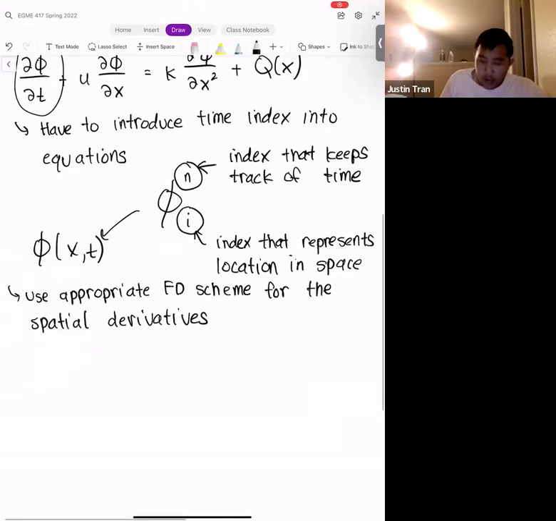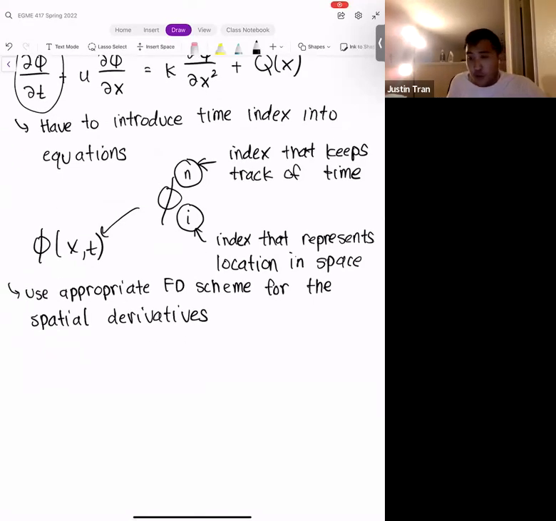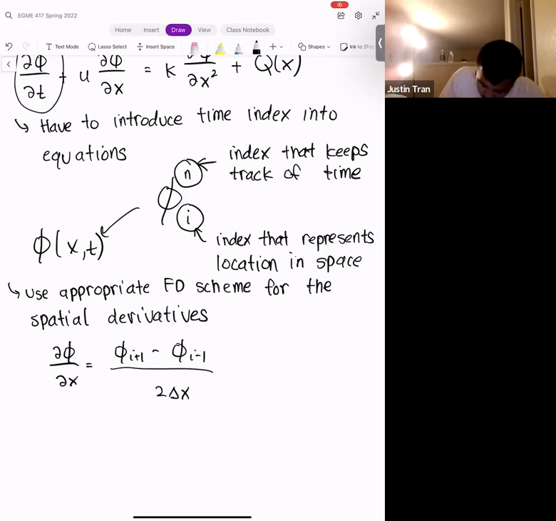As an example, for our convection derivative here, we can just use our simple central difference: phi i plus 1 minus phi i minus 1, all divided by 2 delta x. For our time derivatives, we're going to use a simple forward difference, but in time instead of space.